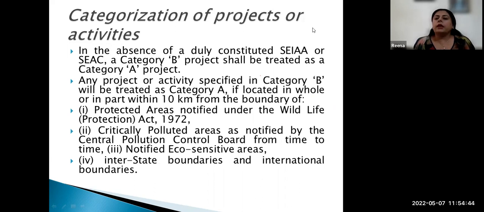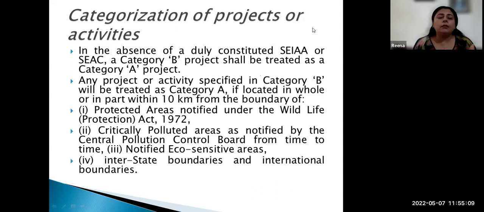Any project or activity in category B can be treated as category A. For example, I told you that if it is in a notified area, or near an ecologically sensitive area, or near the state boundaries, then a category B project, which is considered at the state level, will be transferred from B to A.